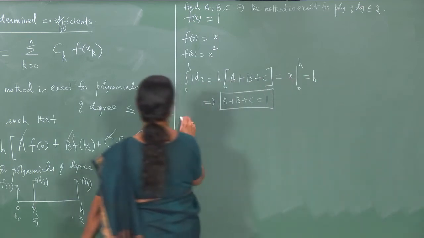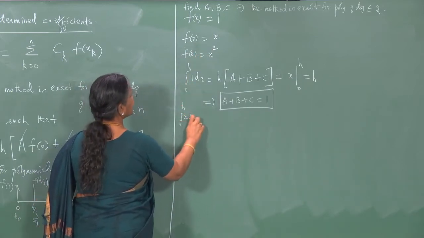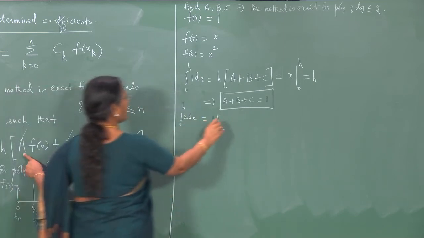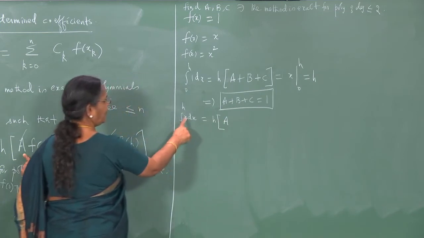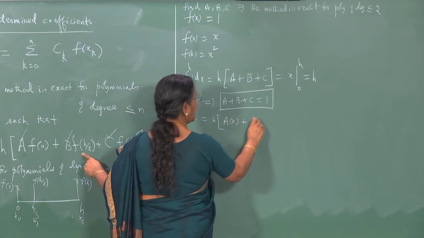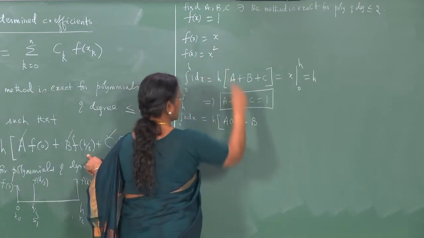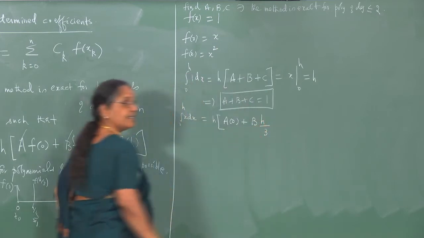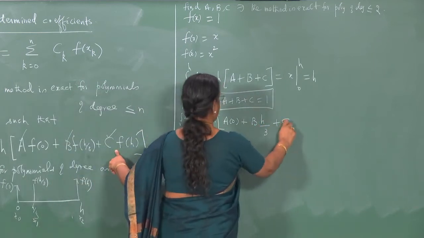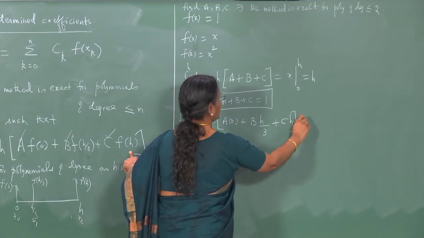Then let us take f of x to be x. So, integral 0 to h, x dx must be equal to h into a times f of 0, f of x is x, so f of 0 is 0, plus b into f of h by 3, which is h by 3, plus c times f at h, and so it is going to be h. And what is this?